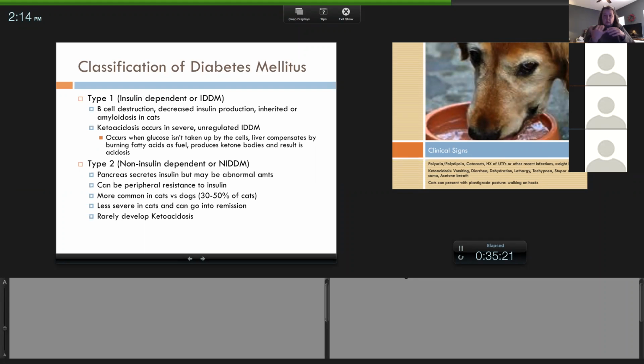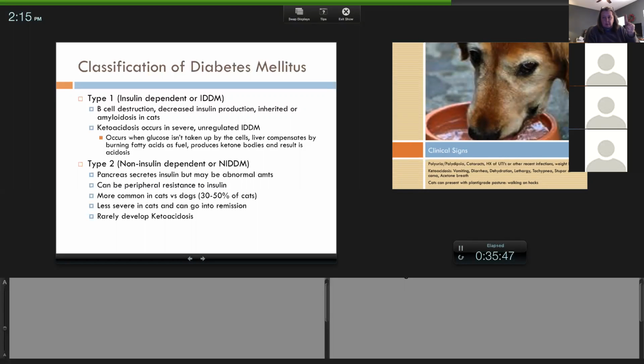So these dogs can come in weak, lethargic, collapsed, vomiting, and like I said, ketoacidosis is an emergency. Sometimes, like we had a few cases, it took us almost a week to get them regulated, because when an animal presents in a crisis, you have to stabilize.